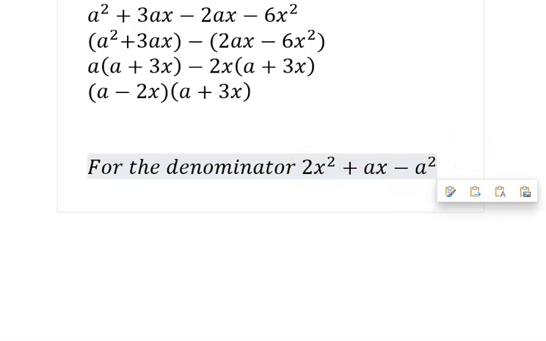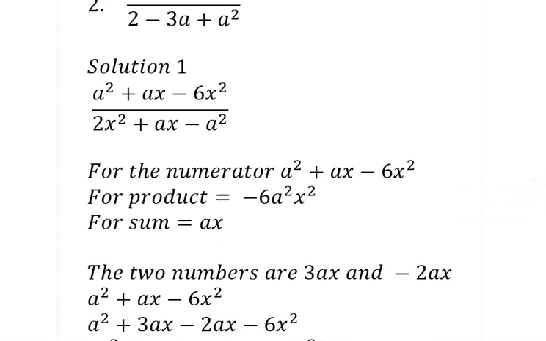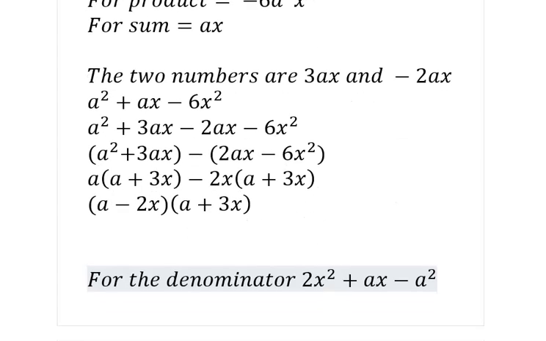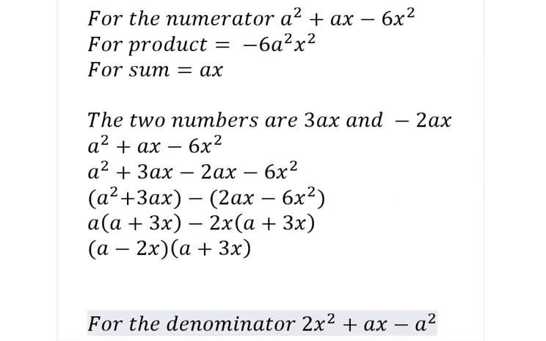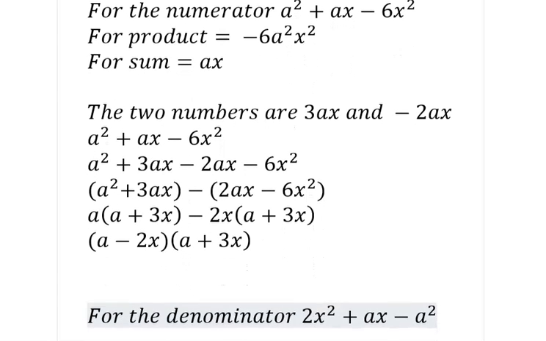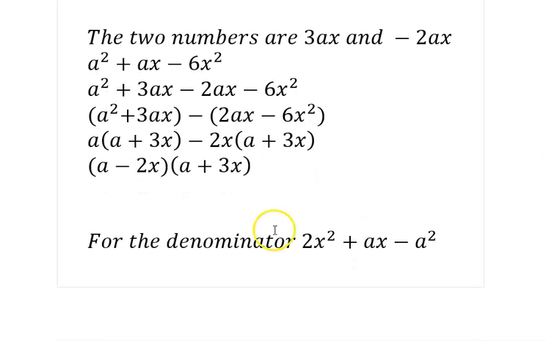This is the denominator. As we have it here, 2a squared plus ax minus a squared. So also we'll do the same thing. We'll find the product and we'll find the sum.